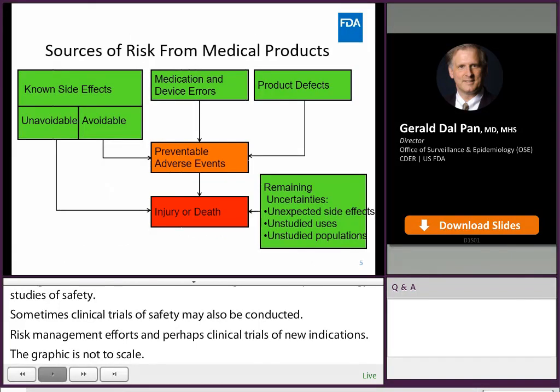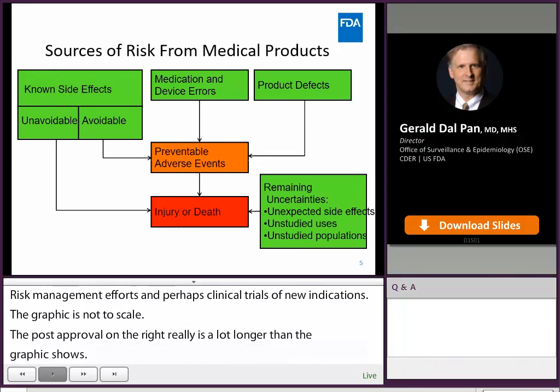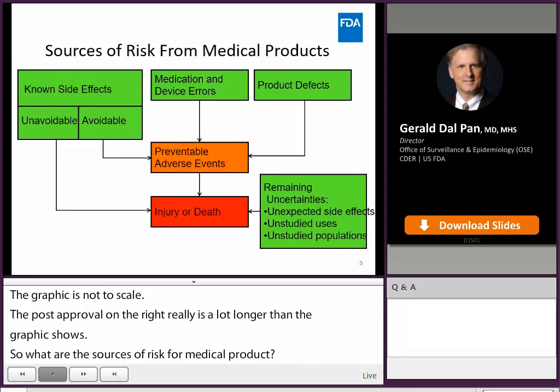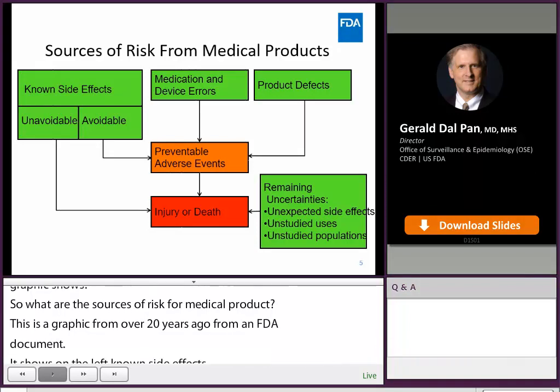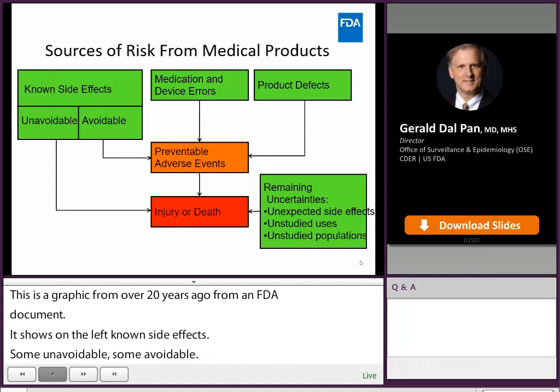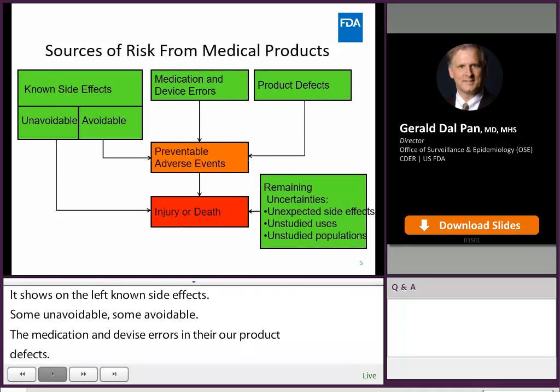So what are the sources of risk from medical products? This is a graphic from over 20 years ago from an FDA document. It shows on the left, well, there are the known side effects, some unavoidable, some avoidable. There are medication and device errors, and there are product defects. The avoidable known side effects, the medication and device errors, and the product defects all can give rise to preventable adverse events, some of which can lead to injury or death.